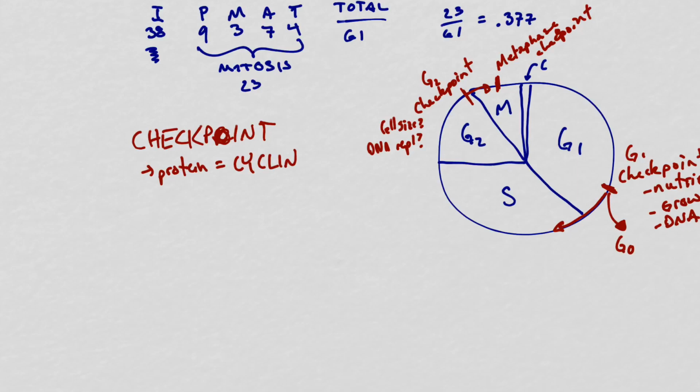And so what happens is a cyclin activates another protein called a cyclin-dependent kinase. And when these two work together, they activate another protein that causes the cell cycle to continue.